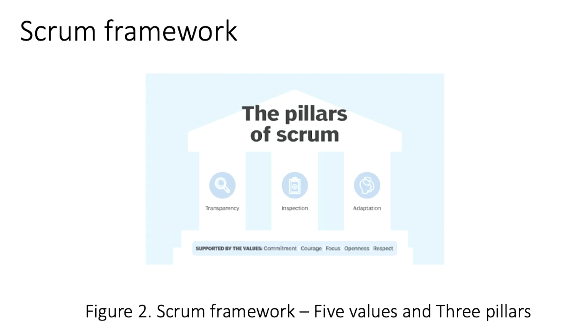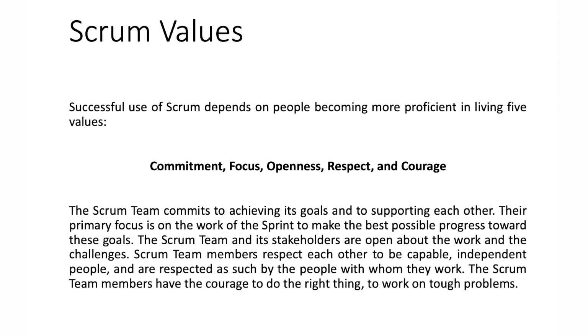Here is a visual representation of the Scrum framework with the 3 pillars that we discussed, and the foundation of the Scrum framework. The foundation consists of these 5 values: commitment, focus, openness, respect, and courage.